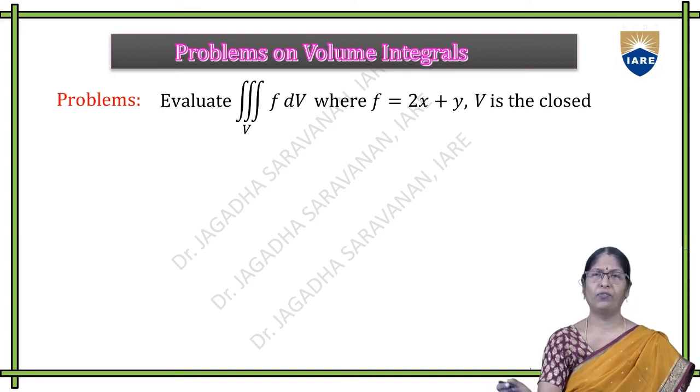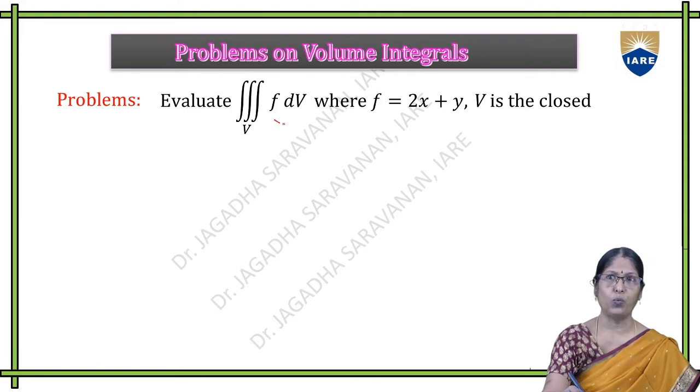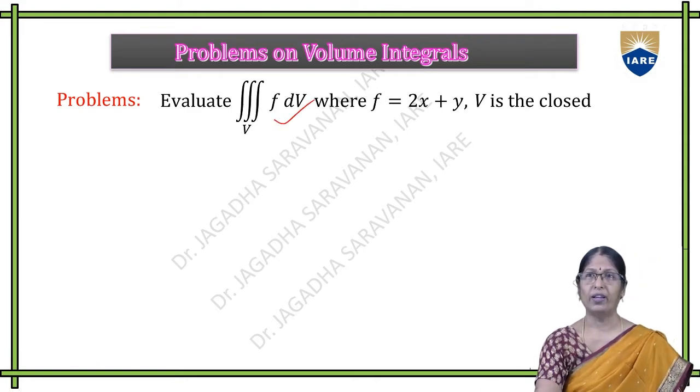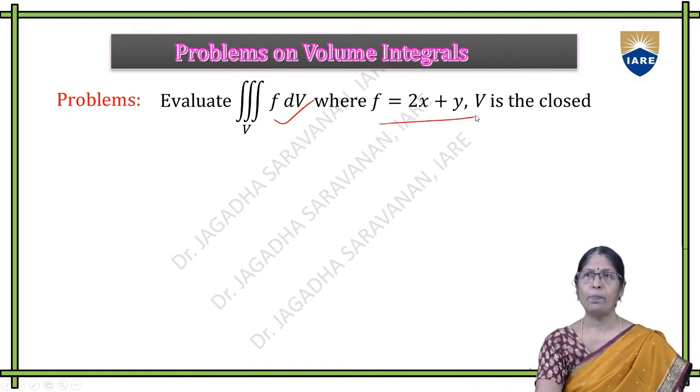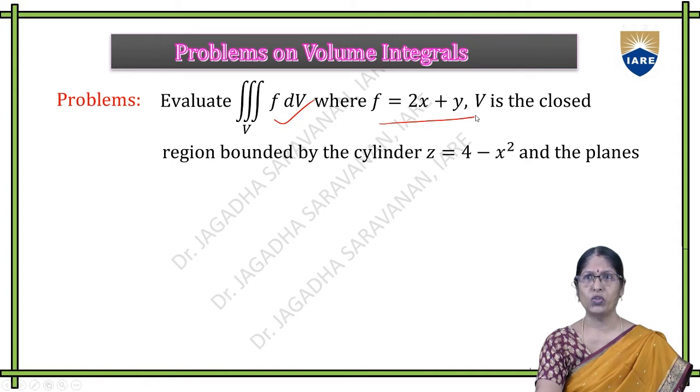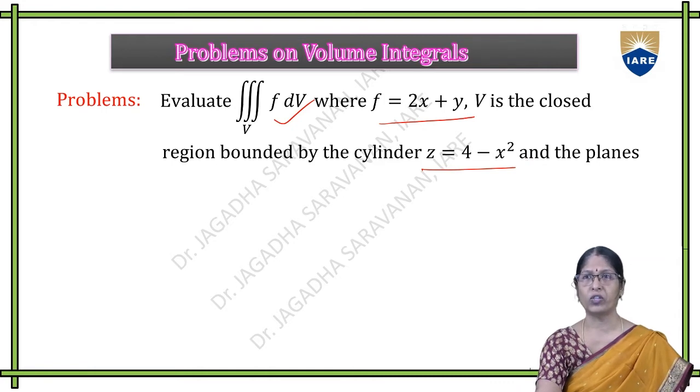Evaluate. The first one is the triple integral over V of F dV, where F equals 2x plus y, the function which is given. Capital V is the closed region bounded by the cylinder z equal to 4 minus x square.